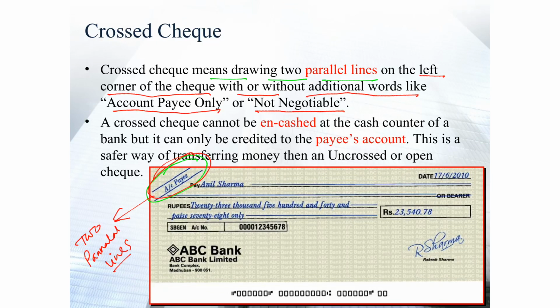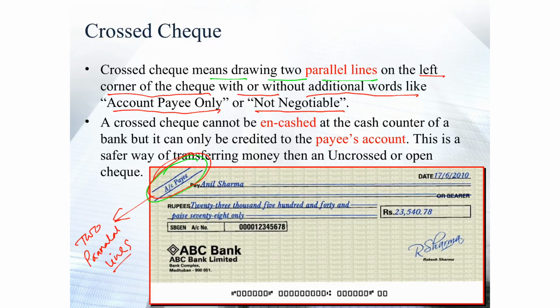That word 'account payee only' or 'not negotiable' will be written within those two parallel lines. A crossed cheque cannot be encashed at the cash counter of a bank, but it can only be credited to the payee's account.